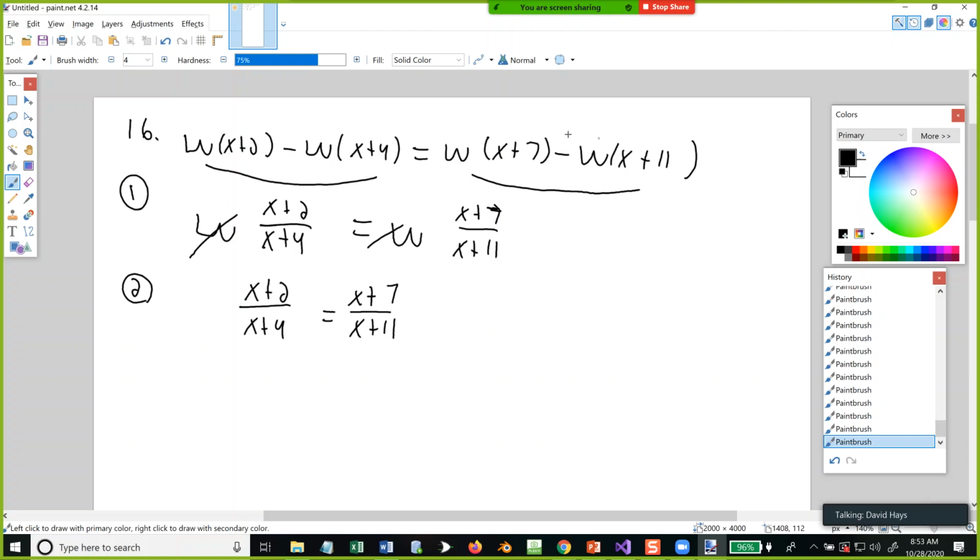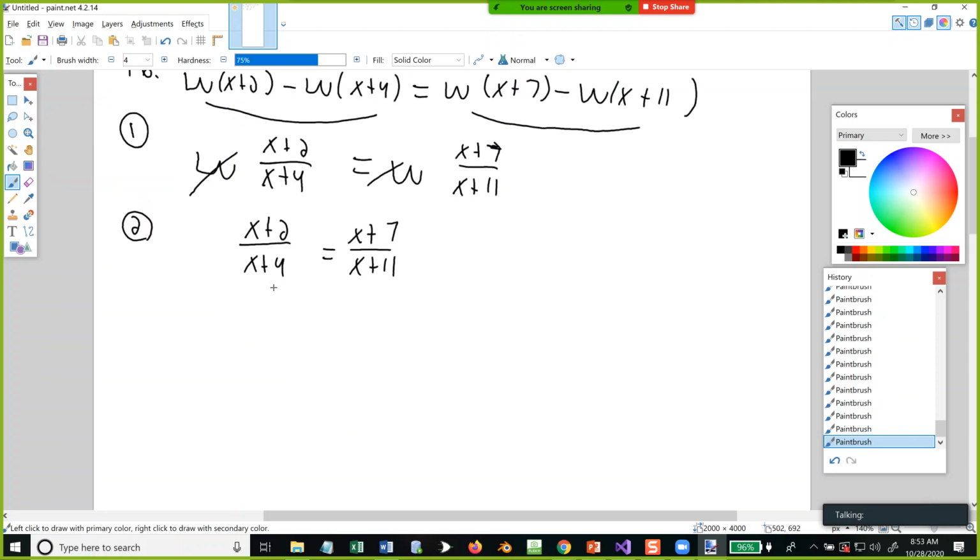Now we want to solve this. This particular one's a rational equation. So I'm going to multiply both sides by (x plus 4)(x plus 11).